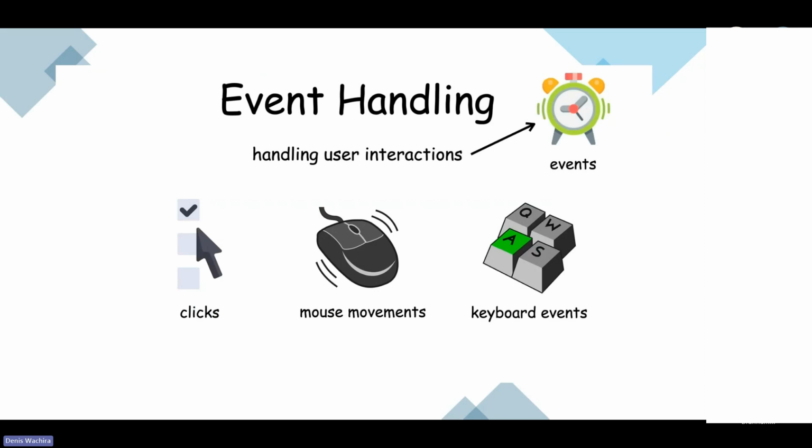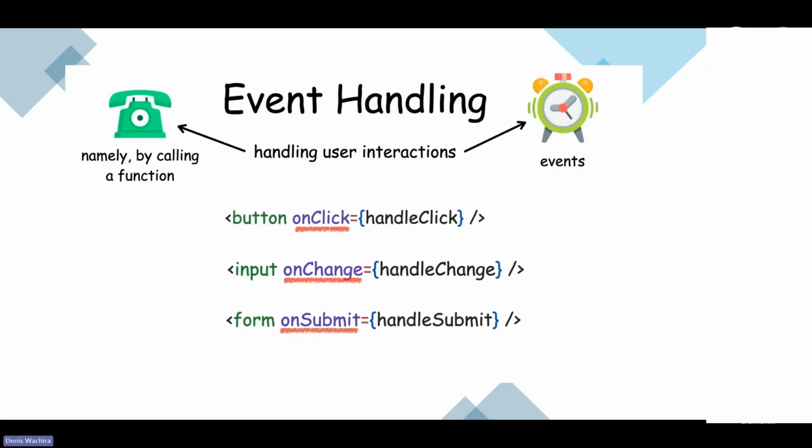Those events are the same, but now we handle them differently. Instead of just having a callback function on the onClick, we can pass a dynamic value or a function in the JSX so that you can handle that onClick and call a function. If you want to handle change, you pass a function using the JSX format.